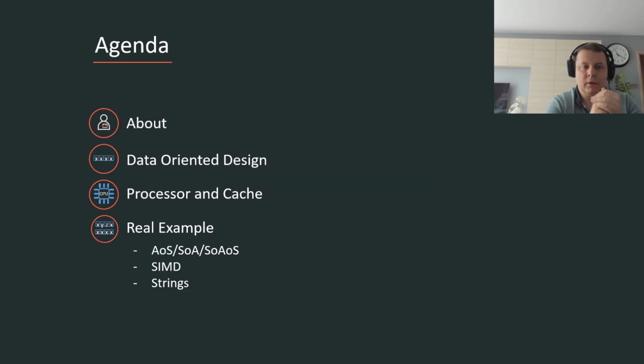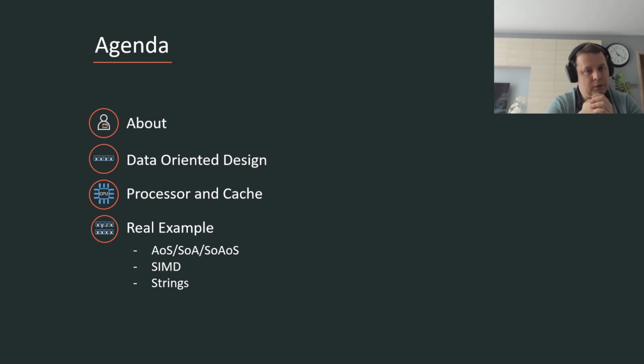So I'm going to talk about data-oriented design, what it is. I'm going to talk about the processor and cache, how they're designed, and how they relate to data-oriented design in general. We're going to look at some real examples, and these will show us how to use array of structs, struct of arrays, and a hybrid approach.